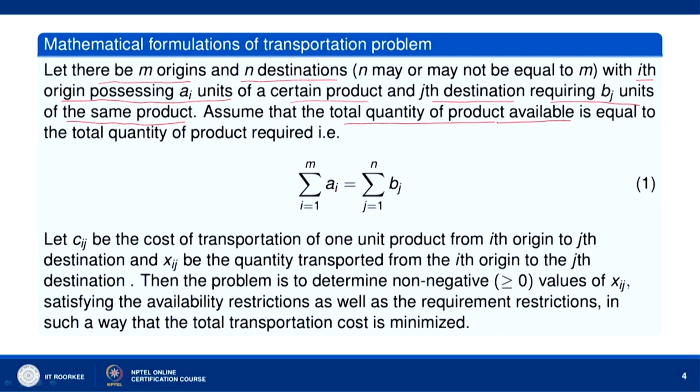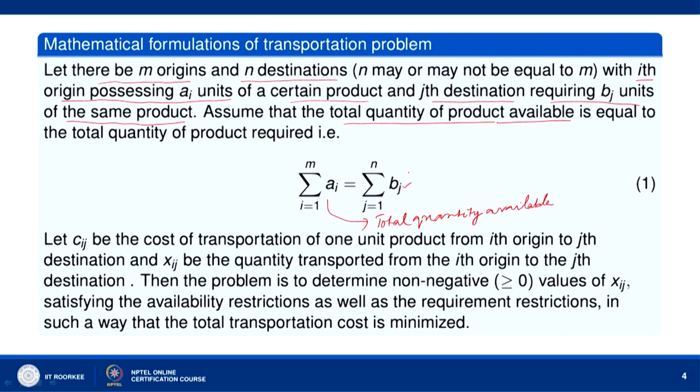Let us assume the total quantity available. At the ith location we have A i units available, and i is from 1 to m, because there are m sources. So the total quantity available is sigma i equal to 1 to m A i. And at the jth destination we require B j units of the same product, j is from 1 to n because there are n destinations.